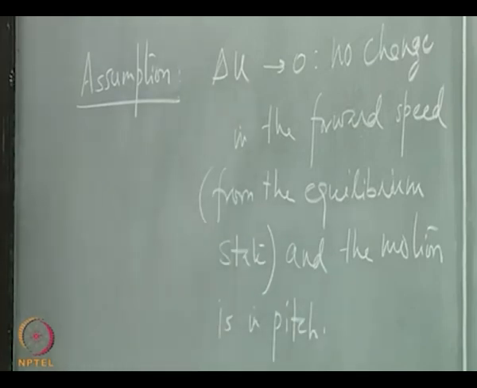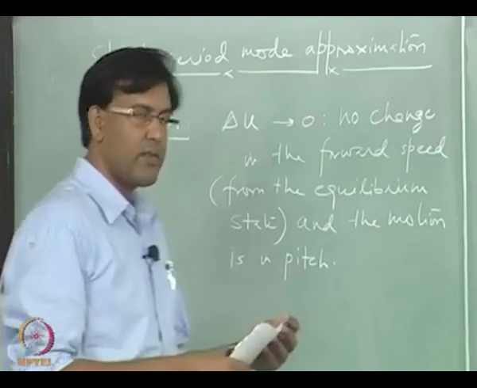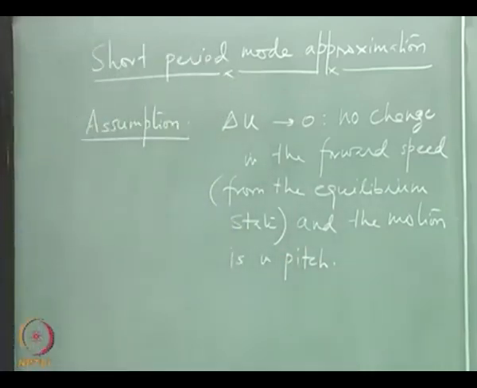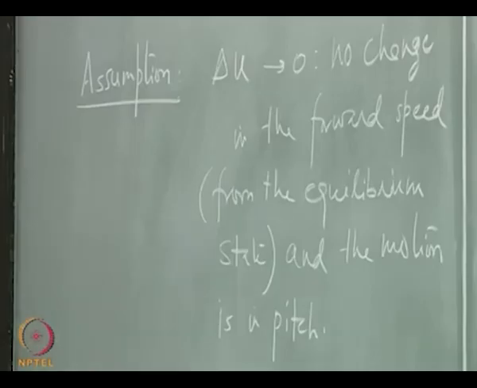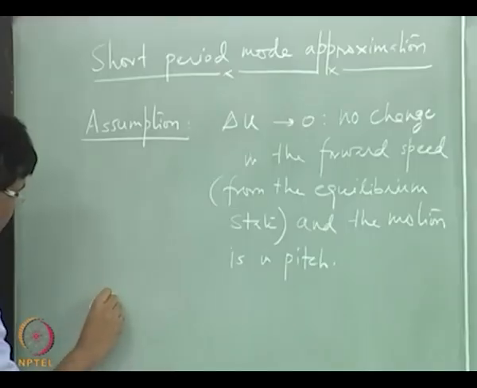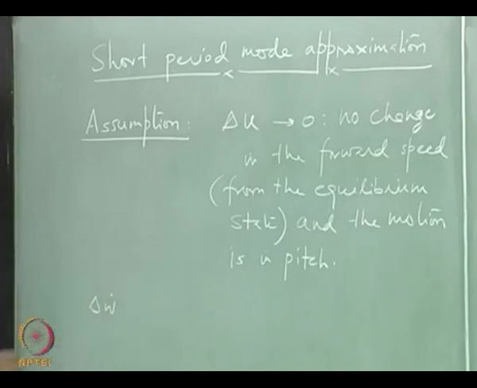Okay. Now, with this assumption, I can reduce my 4 by 4 longitudinal linearized aircraft dynamic equations of motion to a 2 by 2 equation in two variables, and the variables involved here are delta w, right, and delta q.